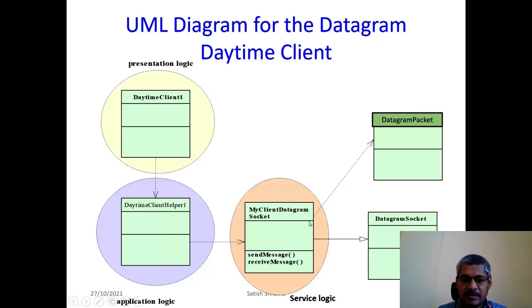So you are using the datagram packet here. Of course, the same sort of association relationship exists between DaytimeClient1 and DaytimeClientHelper1. And this MyClientDatagramSocket is extending DatagramSocket, so we have this inheritance relationship. We are using the packets, and the actual send and receive message methods are in this MyClientDatagramSocket class. So this is the UML diagram for the client side.